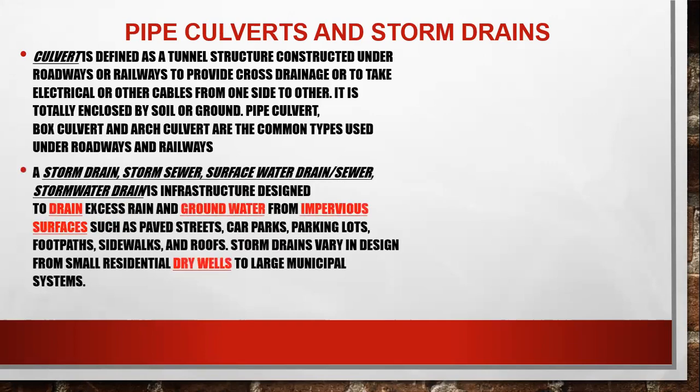Next are the storm drains. A storm drain is infrastructure designed to drain excess rain and groundwater from impervious surfaces. The uses of a storm drain are to drain water through a sewer, and you can see it on paved streets, car parks, parking lots, footpaths, sidewalks, and roofs.